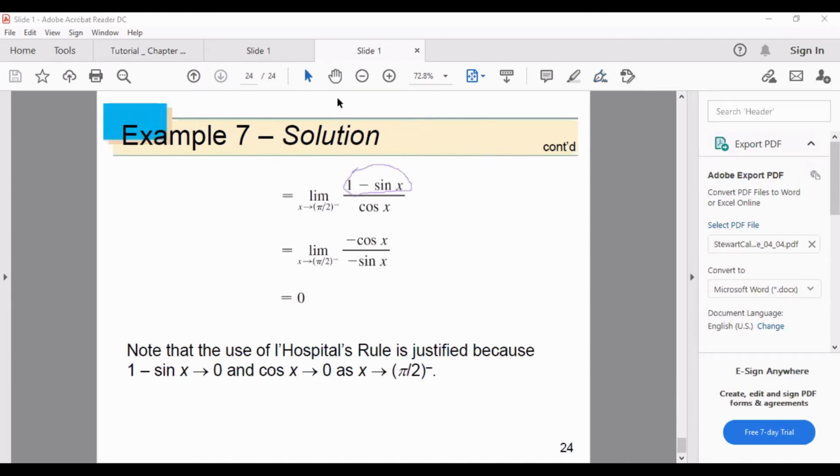The limit was a hard limit like infinity minus infinity. Now it becomes 0 over 0. It was first infinity minus infinity, when we cannot conclude.